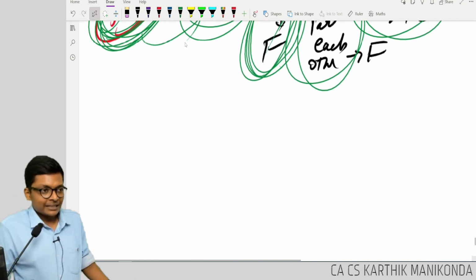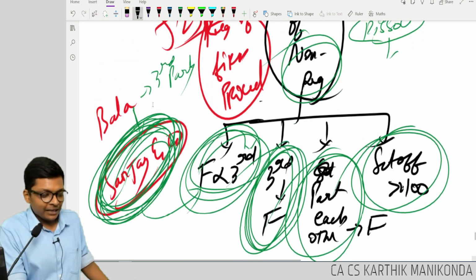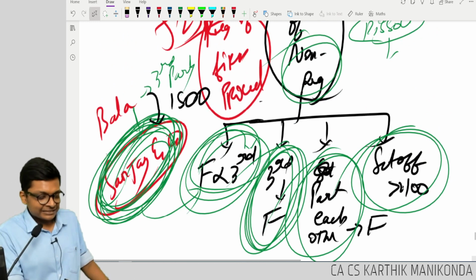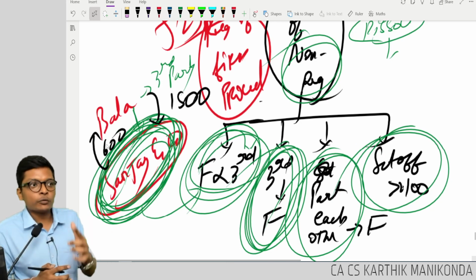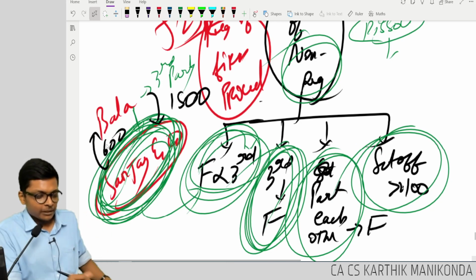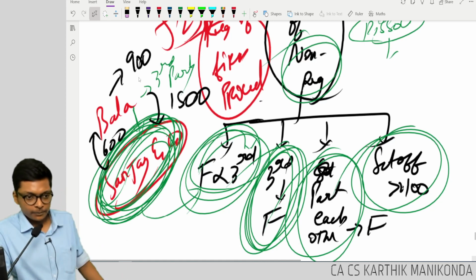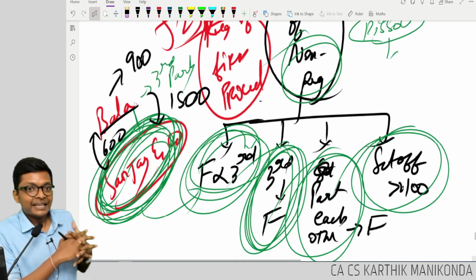Last one, set off. For example, if Bala has to pay the firm 1500 rupees, and Sanjay has to pay 600 rupees, normally what you will do is set off, and Bala will pay 900. Because Bala is a third party, he can do that.